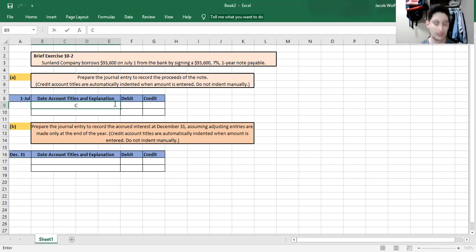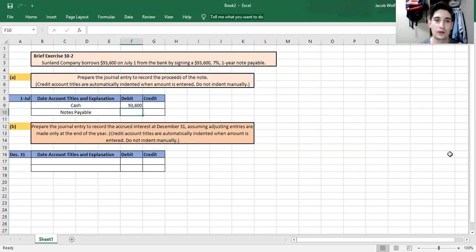So we're gonna type in cash to this top account, because when we're receiving cash, we're going to debit that. So that cash account will be debited by $93,600. And then we're going to look at that second account, which I said was the notes payable.